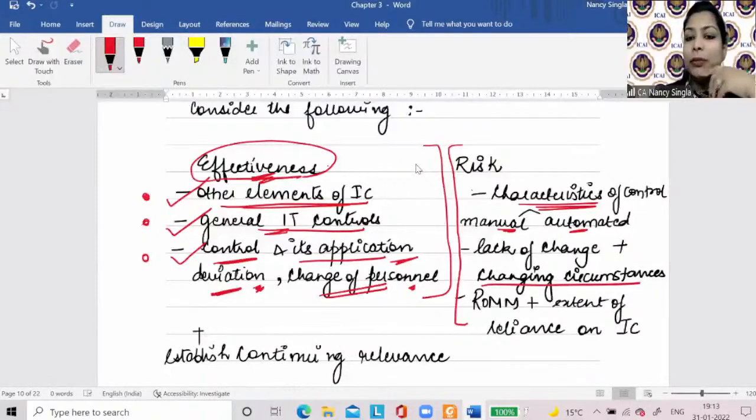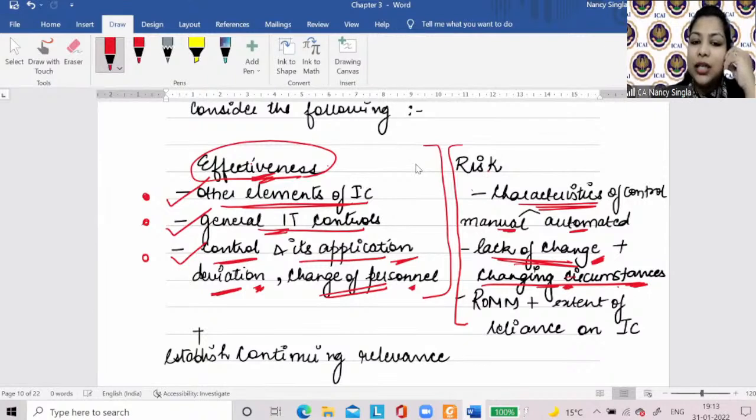It might be possible that the circumstances have changed, but there is lack of change in the organization. You said that, okay, at the entry and exit gate of the factory, CCTV cameras have been installed. But now 2 more gates have been constructed. Change in circumstances, but CCTVs were not put on those 2 gates. So lack of change in case of changing circumstances.